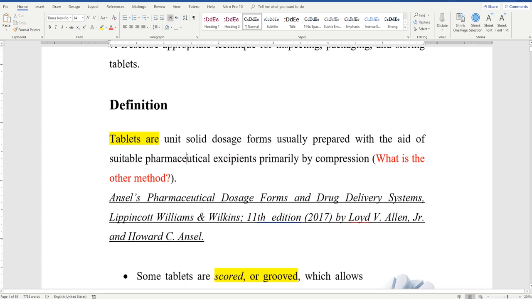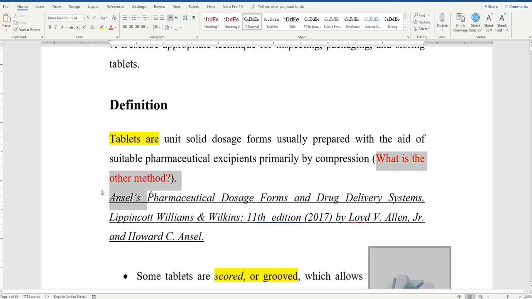As with capsules, where the drug and other additional ingredients are contained within hard or soft gelatin capsules, here again the drug is formulated with other pharmaceutical excipients, and the way you prepare it is usually by compression. Isn't it? Primarily tablets are prepared by, what's the answer? Compression. Why? Is there any other way?